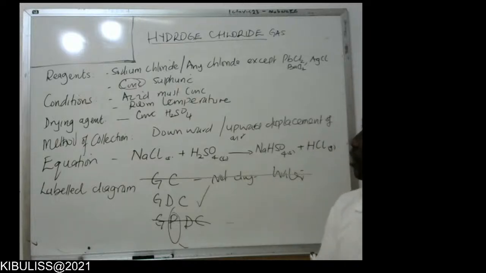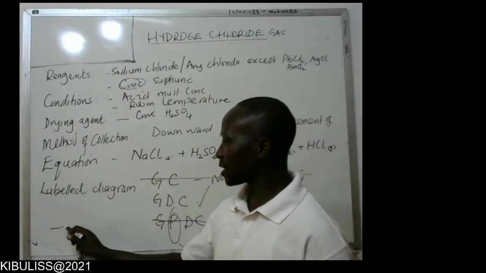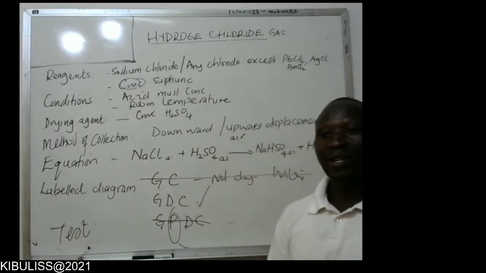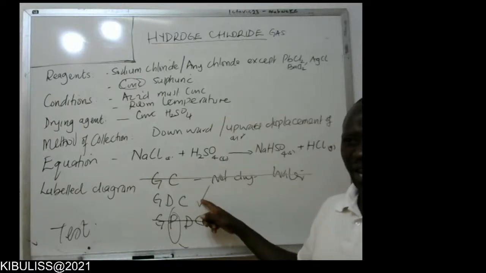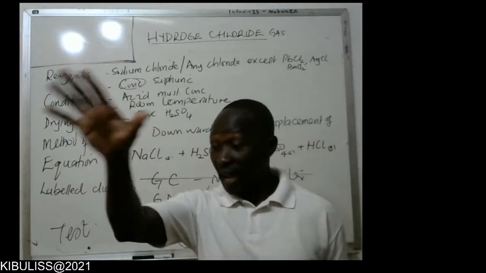So figure out how your diagram should look. What remains to have my table complete is the test for the gas. We shall look at it at the end, having figured out how the diagram should look. So quickly begin to sketch your diagram somewhere.